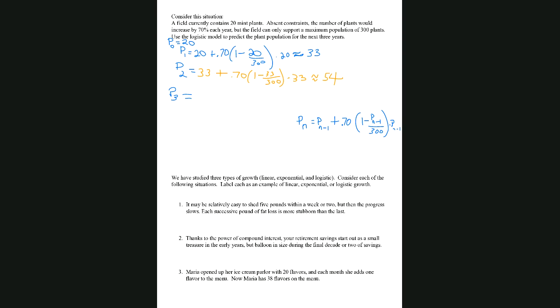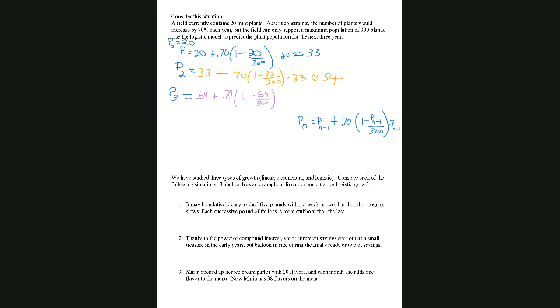And let's do P sub 3. So for P sub 3, I'm going to put in 54 plus 0.70 times 1 minus 54 over 300 times 54.